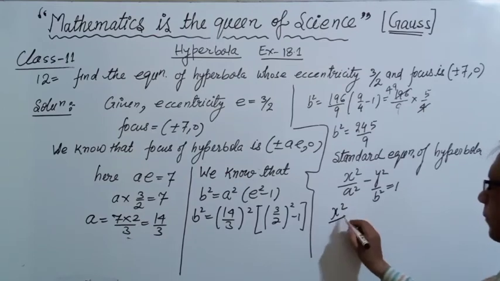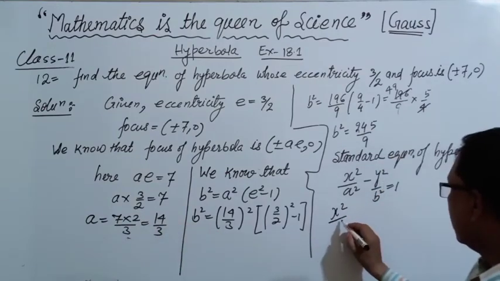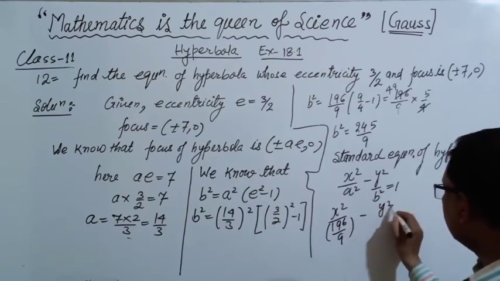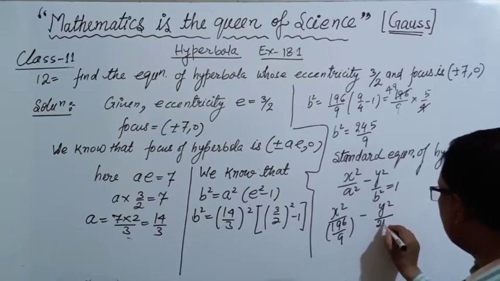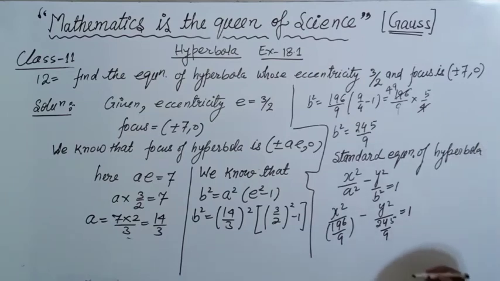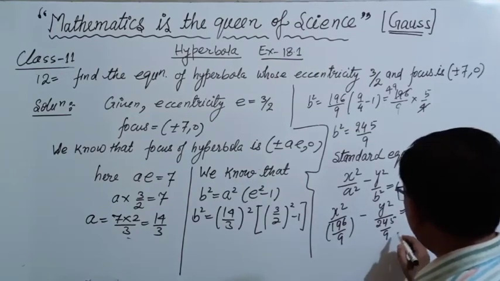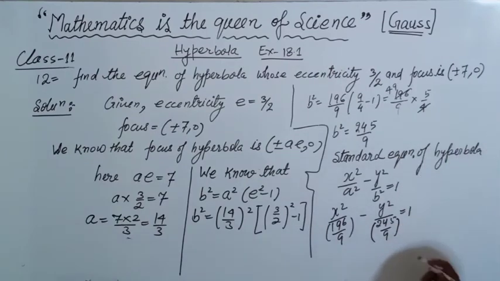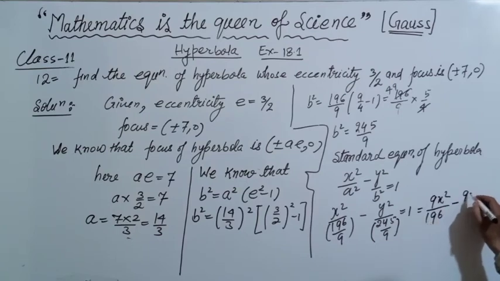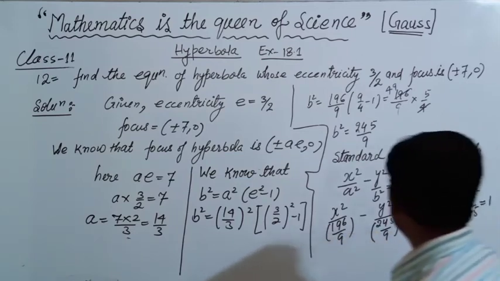So x square, the value of a square is 196 upon 9, and minus y square, and b square is 245 upon 9, is equal to 1. So solve this, or write the equation as it is. Or we can write this as 9x square upon 196 minus 9y square upon 245 is equal to 1. So this is the final equation of the hyperbola.